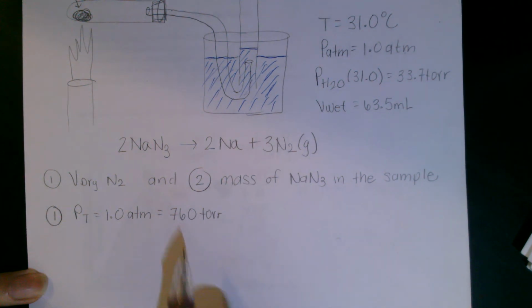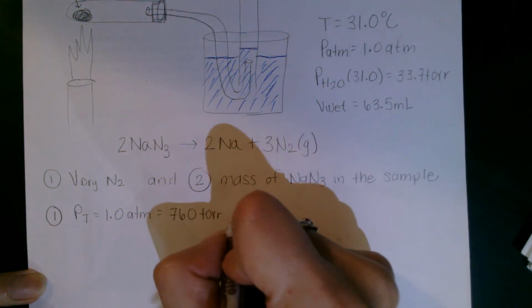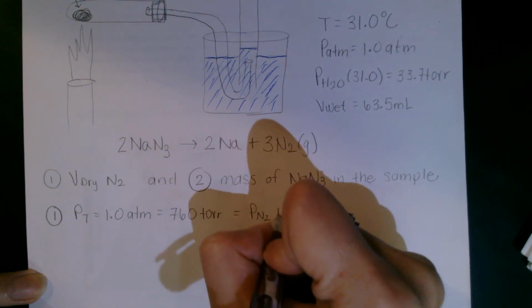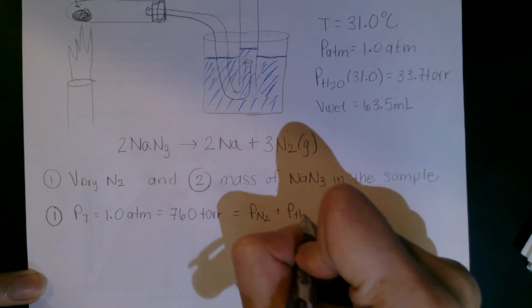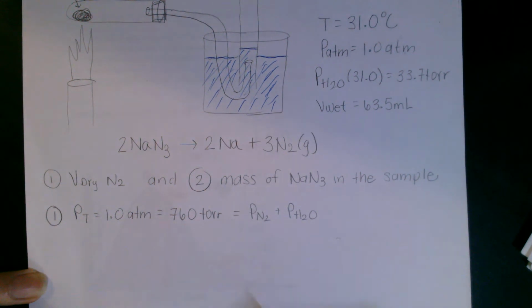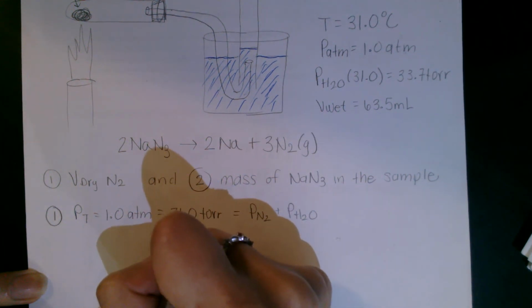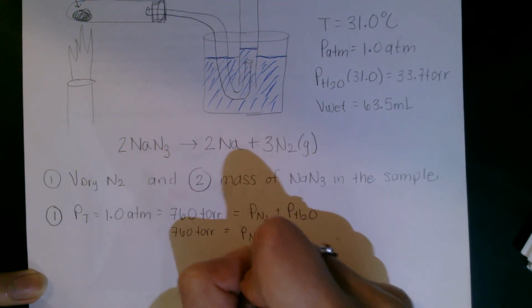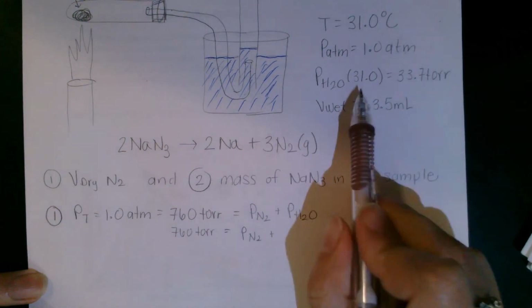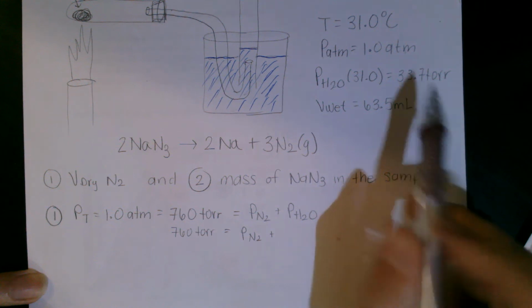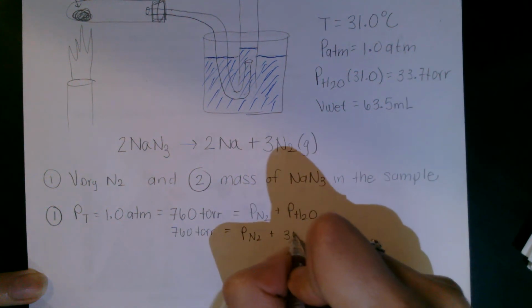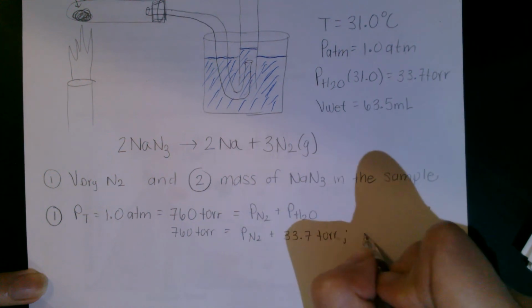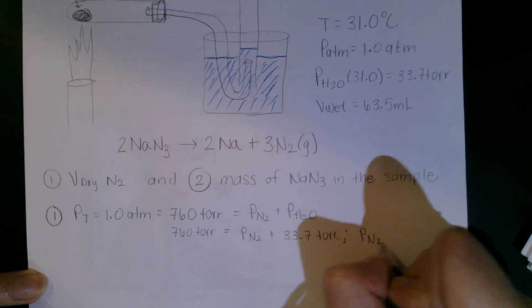Okay, so we know that total pressure is equal to pressure of N2 plus pressure of H2O. So 760 torr is equal to pressure of N2 plus our pressure of H2O at this temperature, which is 33.7 torr, which leaves our pressure of N2.